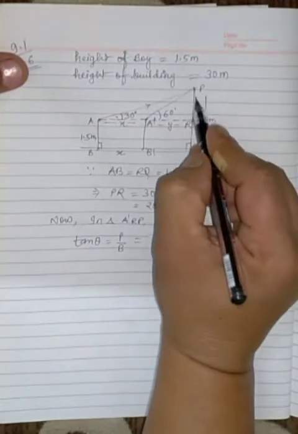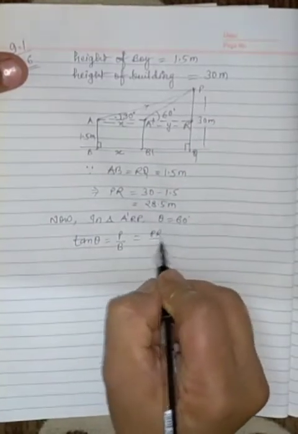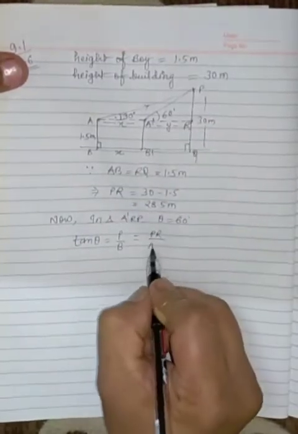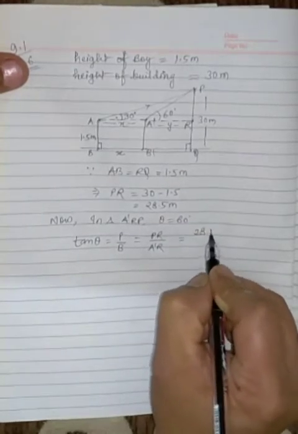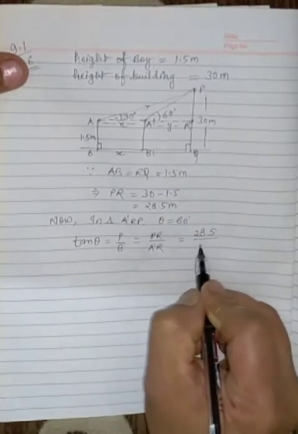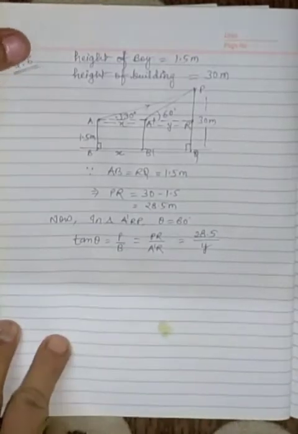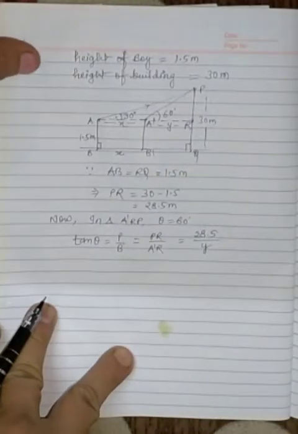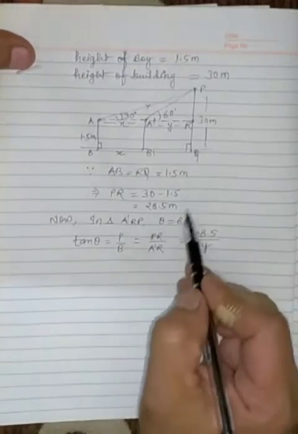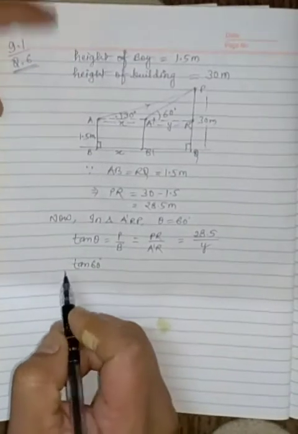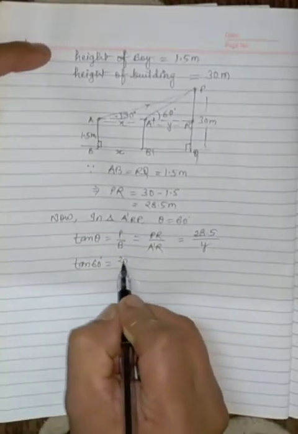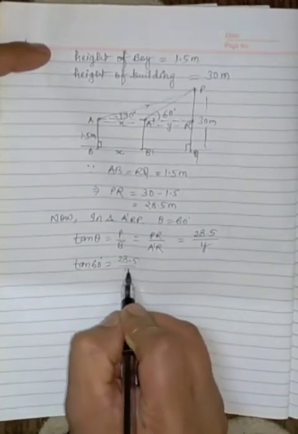Here perpendicular is PR and the base is A dash R, so tan theta is 28.5 upon A dash R, which we have taken as Y. Now theta is 60 degree, so tan 60 degree is equal to 28.5 upon y.